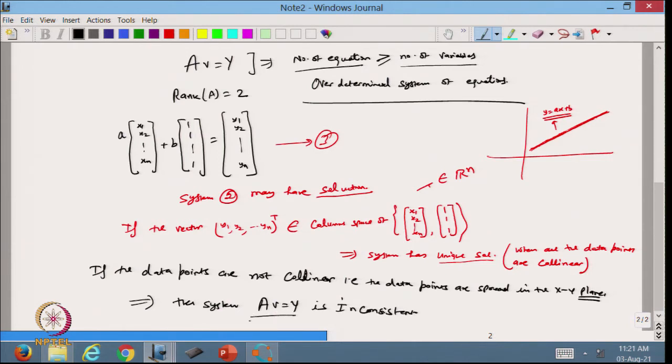Inconsistent means this system is not going to have a solution.